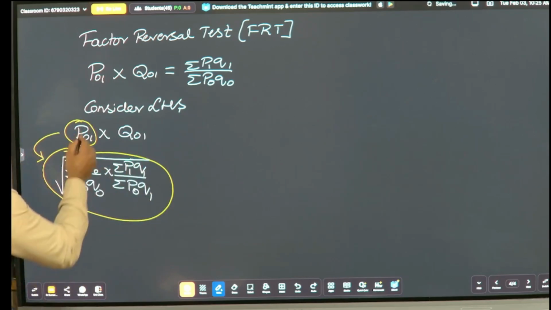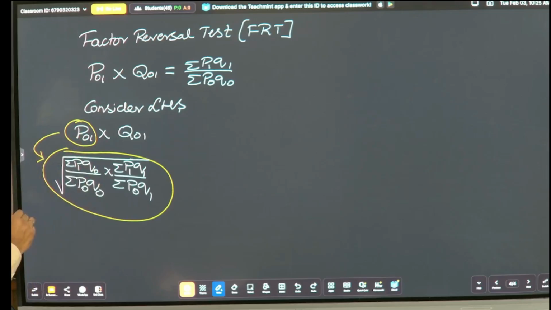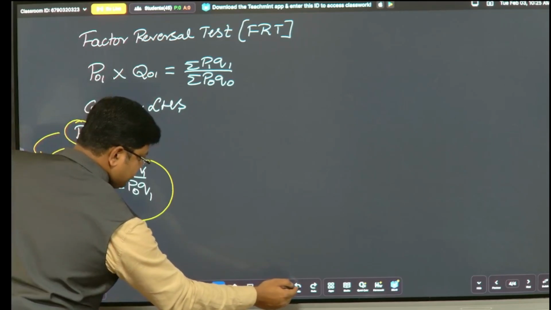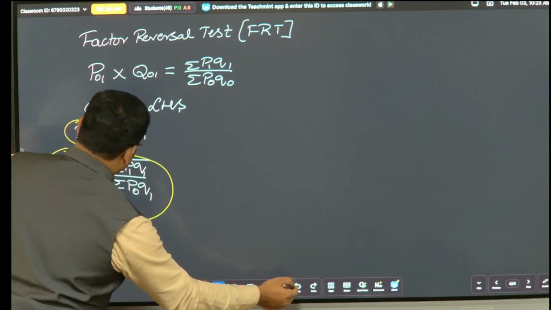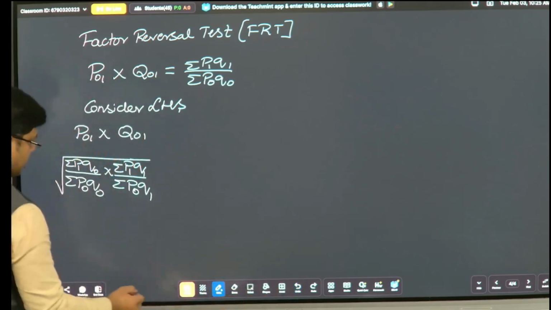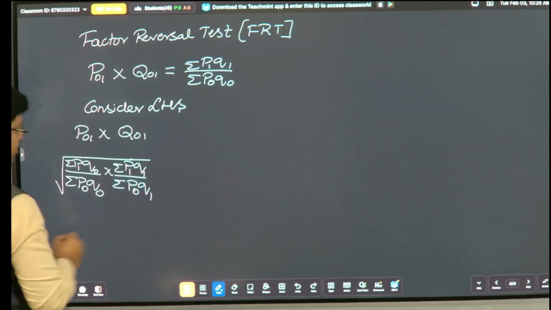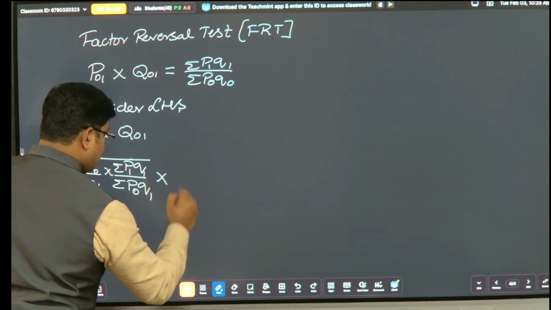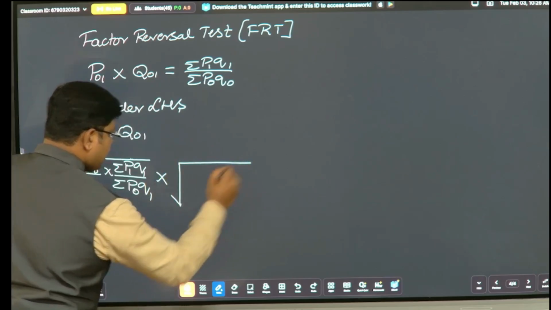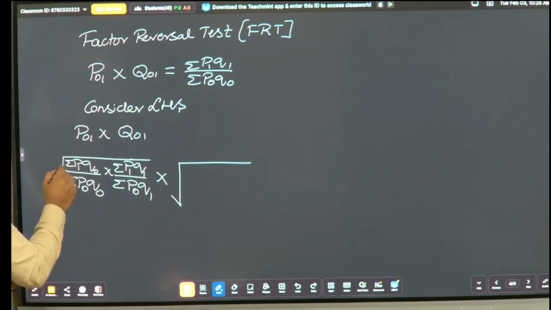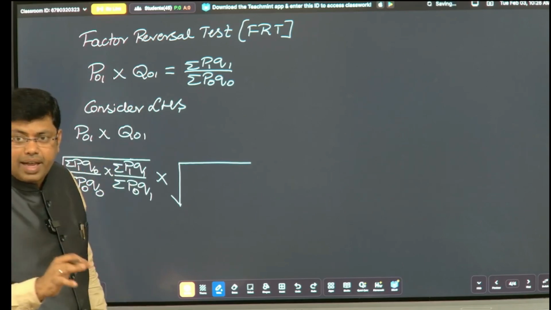Okay, P01 part. Now I need to write down Q01. I am writing Q01 now. Can you guess what is Q01? Instead of P, you are writing Q, instead of Q, you are writing P, everything else remains same. Quantity index number Fisher's, correct?